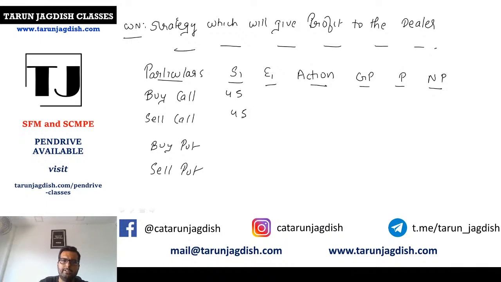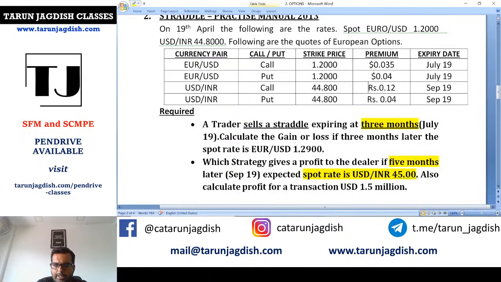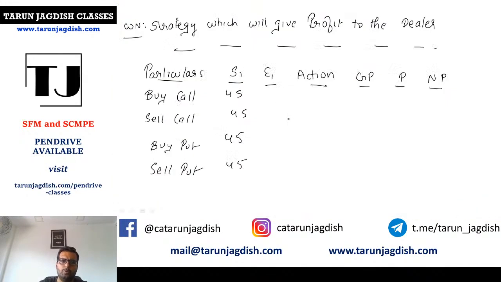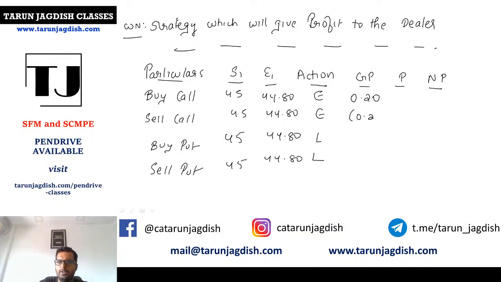The spot price on expiry is how much? 45. The exercise price is told over here as how much, everyone? 44.8. So I have a right to buy at 44.8, outside market 45, I will exercise. I have a right to sell at 44.8, outside market 45, I will lapse. So here my profit will be 0.2 minus 0.200.